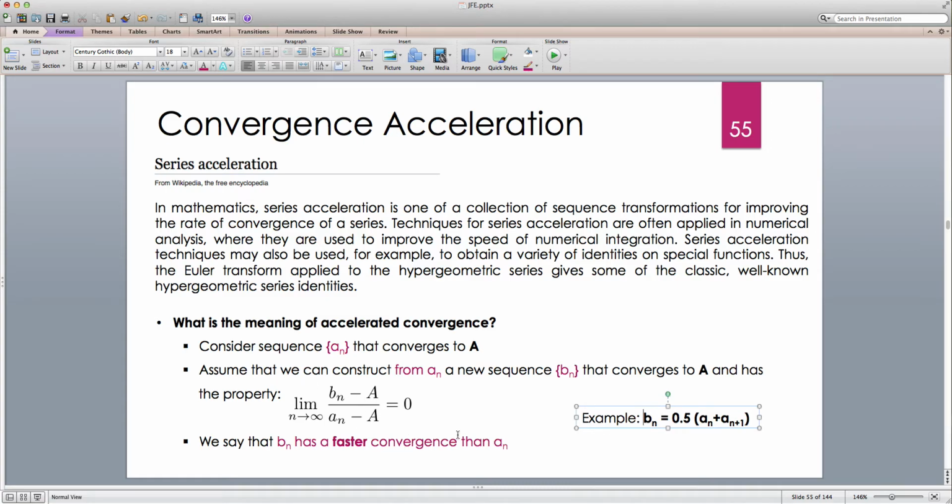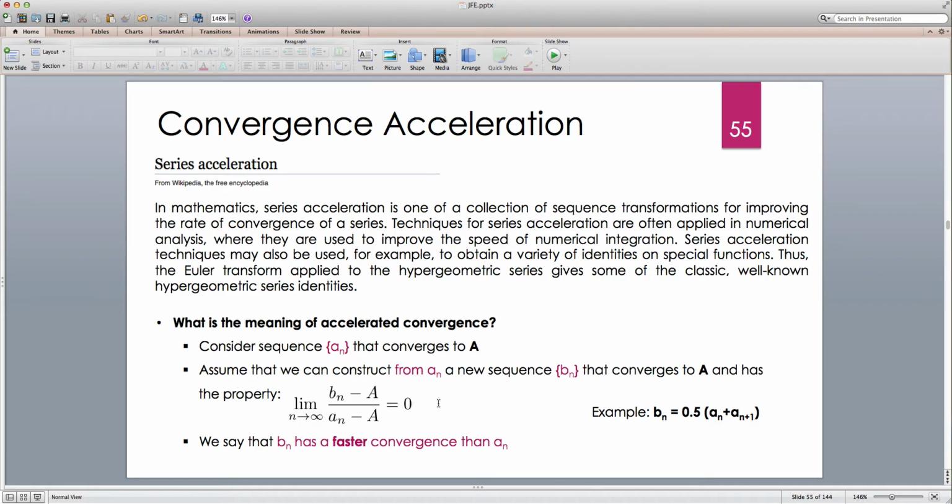And this limit becomes 1, right? This number becomes 1. That means that this transformation of sequence an into bn has a linear, or has the same convergence rate. So it's not useful to do this transformation. It just has the same convergence rate as an. So it doesn't help at all, right?